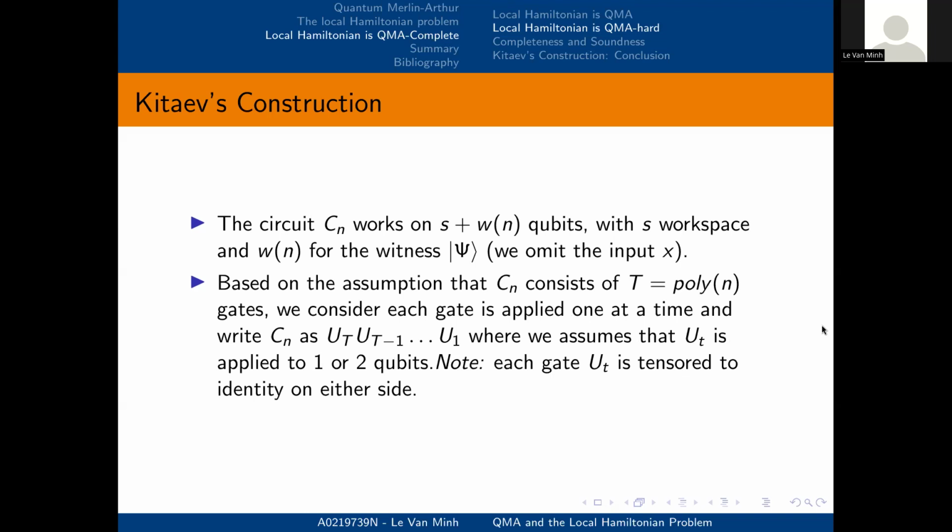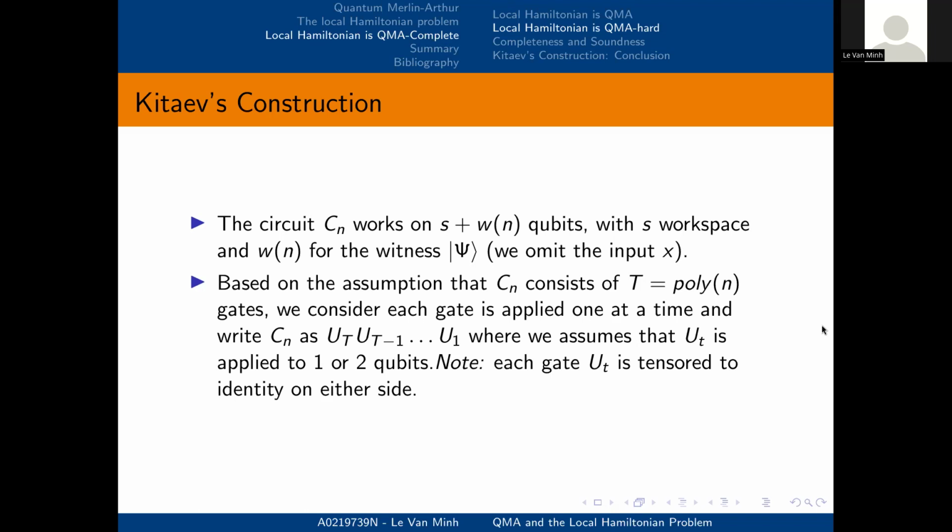The circuit Cn will work on S plus W of n qubits, with S workspace qubits and some polynomial of n number of qubits for the witness state psi. Based on the assumption that Cn consists of T gates, where T is some polynomial size of n. It's actually not an assumption, but a requirement for L to be in QMA.